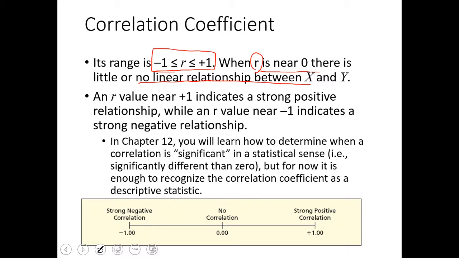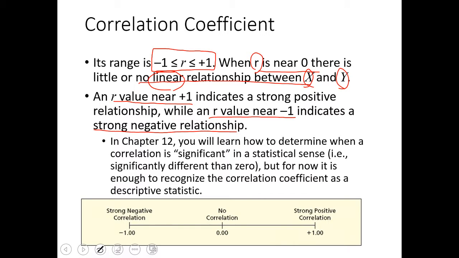If R is close to 1, then these two data x and y have a very strong positive relationship. And if R is close to -1, then these two data have a strong negative relationship.